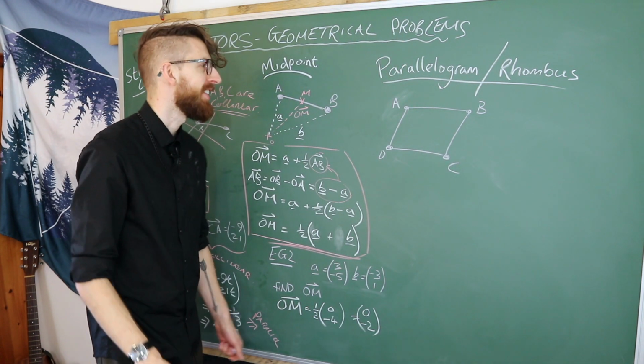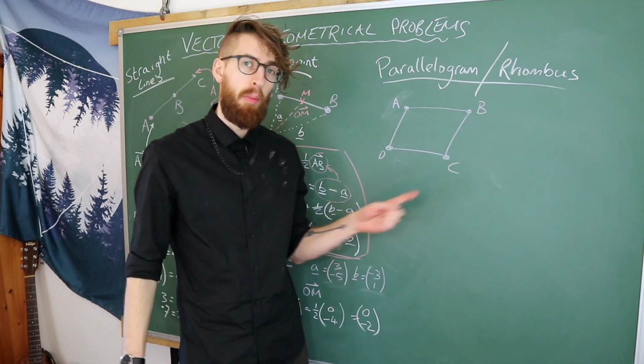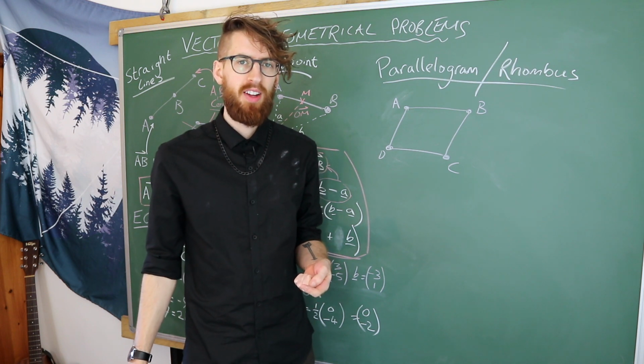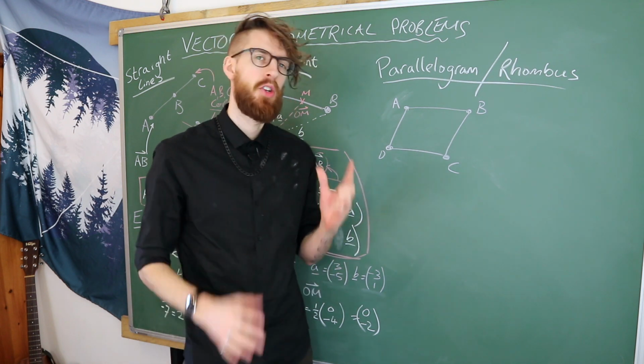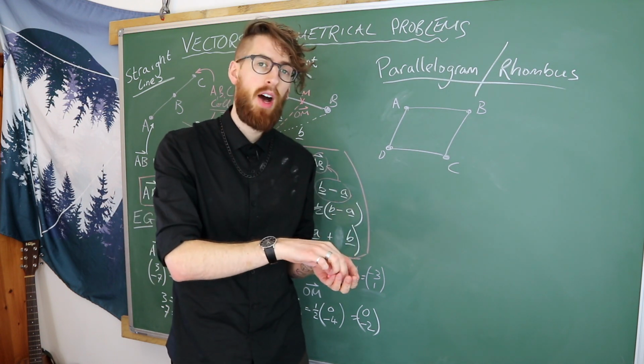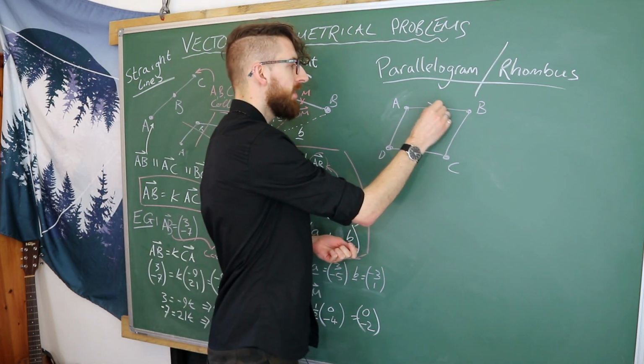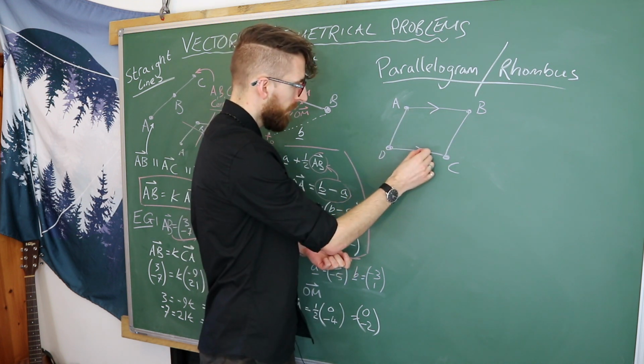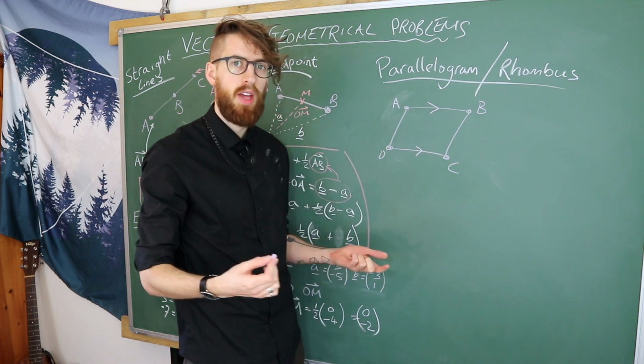This is a parallelogram, or is it a rhombus? It's definitely not a rectangle. It's like a rectangle which has been slanted over a bit. So what we find from that is that these two sides are parallel. That's what that means.